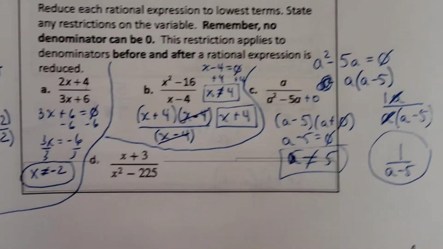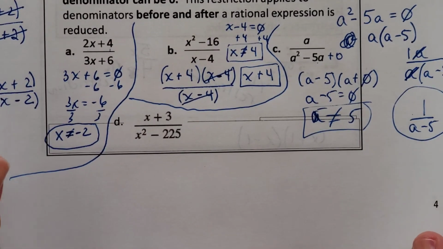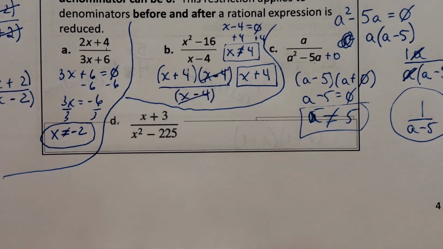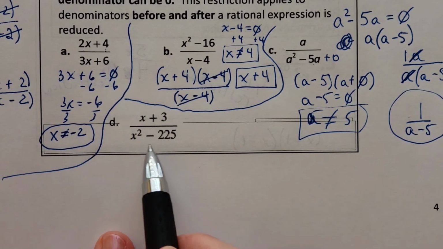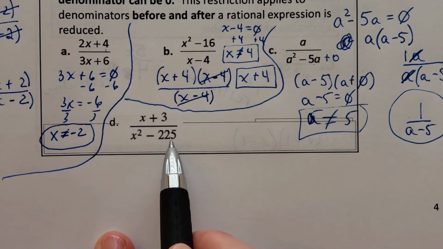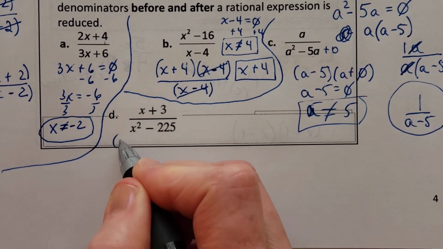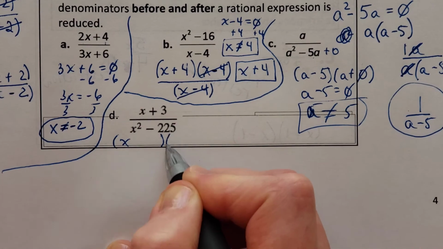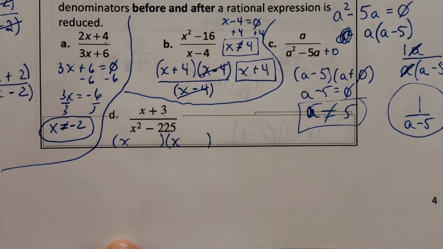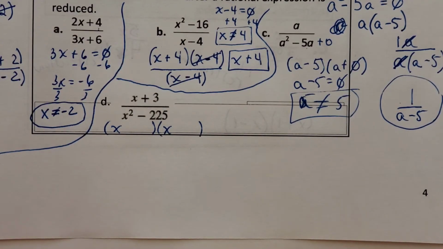All right, so then letter D, and this was one of my Hawks practice problems. So the first thing you want to do is find your restrictions. So these two numbers are perfect squares. So you're going to divide up the x squared. Square root of x squared is x. 225 I think is 15, but just to be double sure, I'm going to put it in my calculator. Yep, so the square root of 225 is 15.